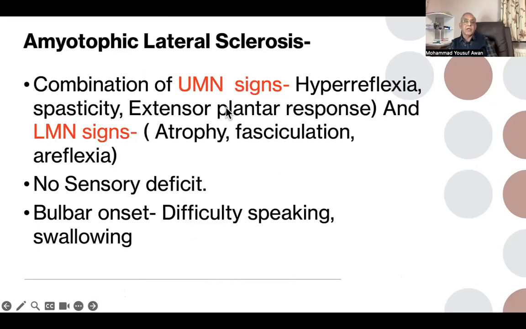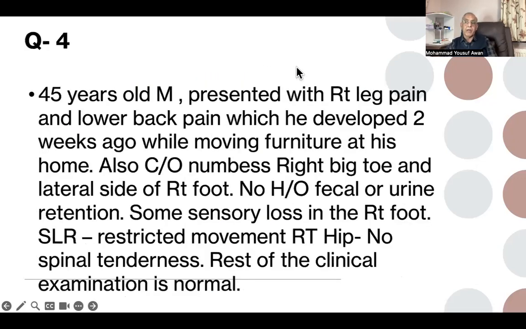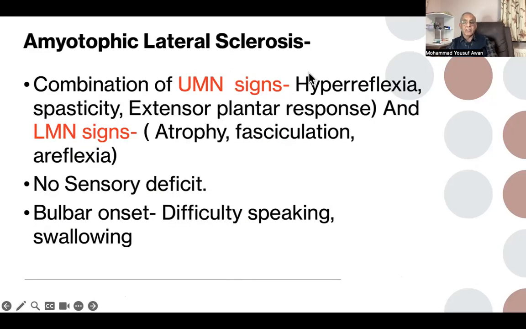This is a specific condition called amyotrophic lateral sclerosis, and I've put this slide here just to let you know that sometimes you can have combined signs of upper motor neuron and lower motor neuron lesions. So a combination of upper motor neuron signs, hyperreflexia, spasticity, that means increased tone, extensor plantar reflexes, and the signs of lower motor neurons: muscle atrophy and wasting, fasciculation, and areflexia or absent reflexes.